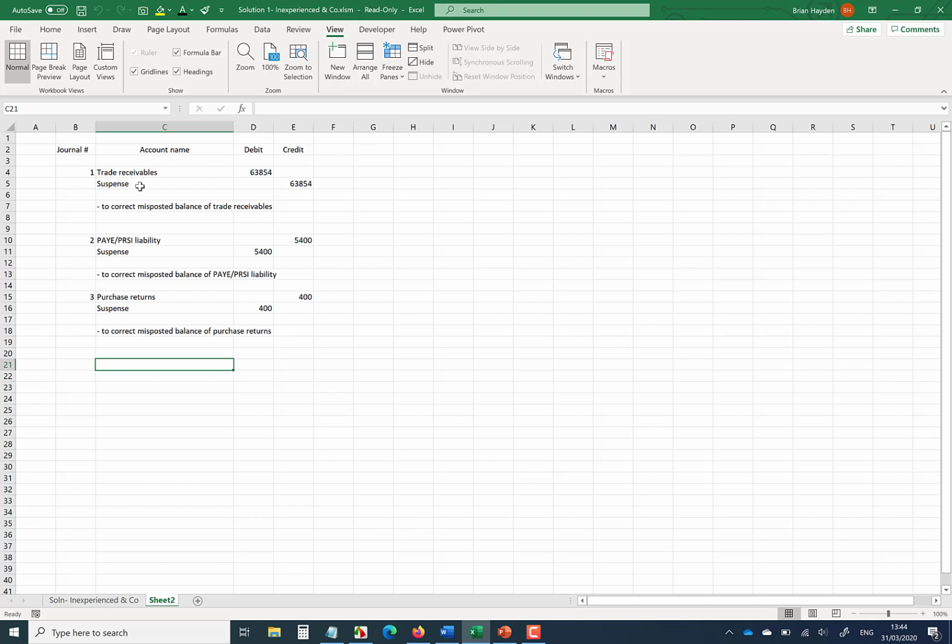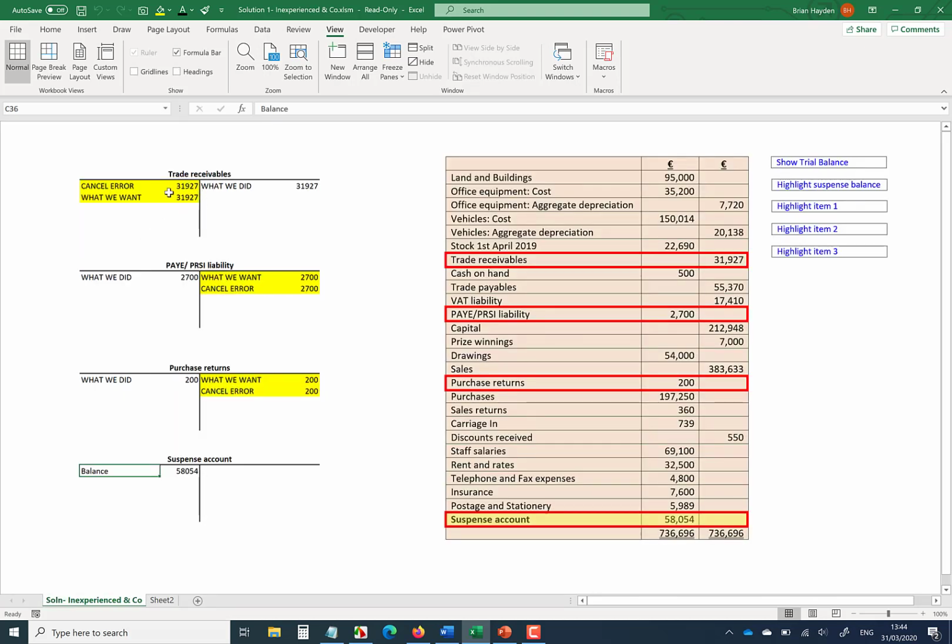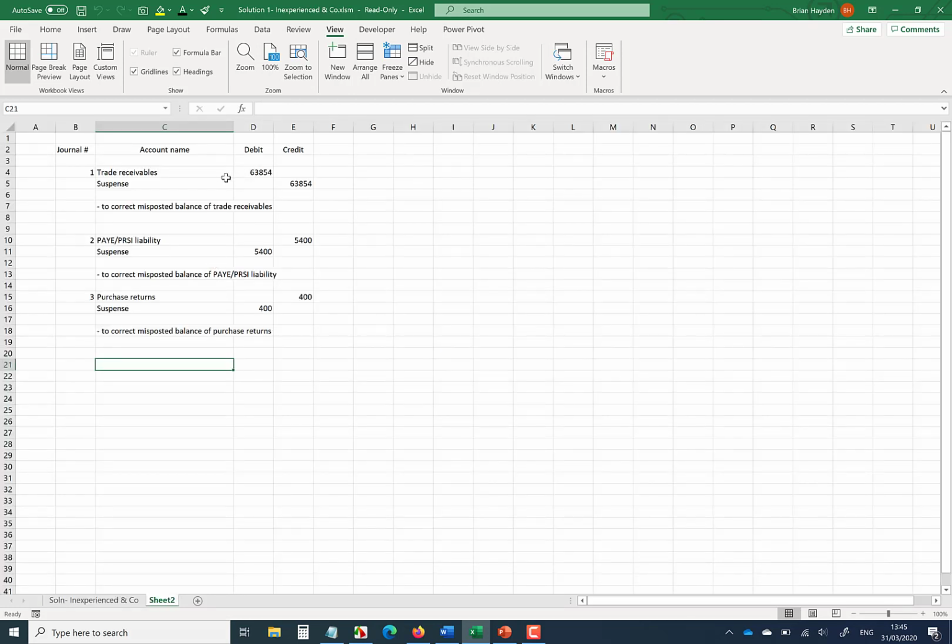Okay, just to show that on the workings that I had on the screen a moment ago. This is what I've highlighted. So the total of these two values is 63,854, put on the debit side of the trade receivables account. Okay, so 63,854 and credit suspense.